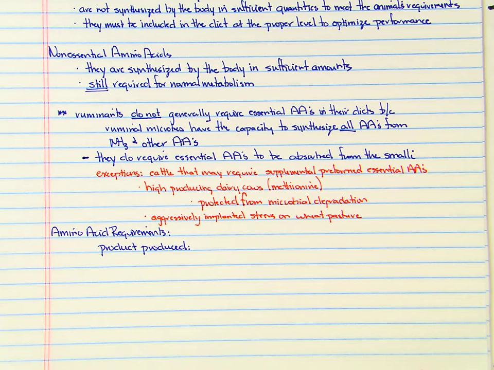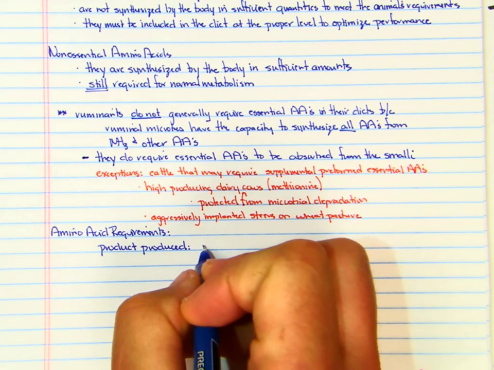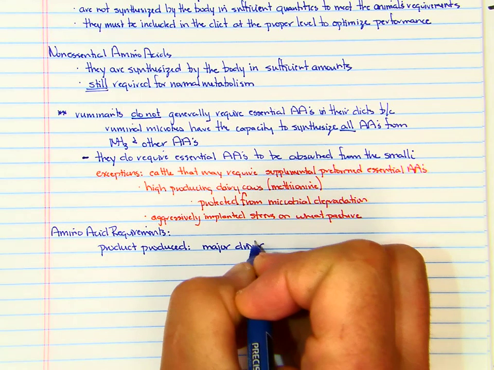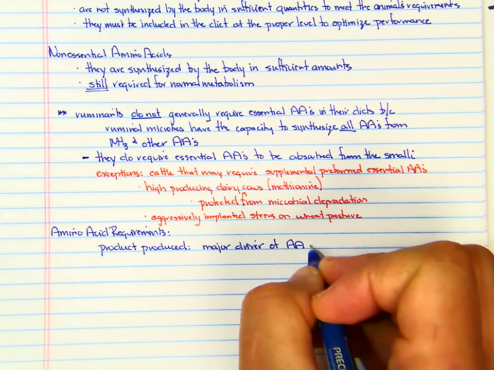If we're producing muscle, it has an amino acid profile. If we're producing milk, it has a specific amino acid profile. So the product produced is a major driver of the amino acids required.